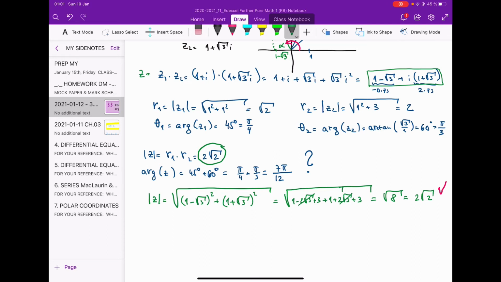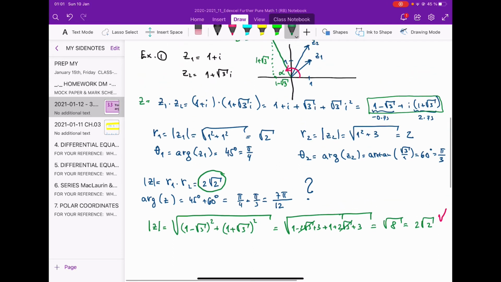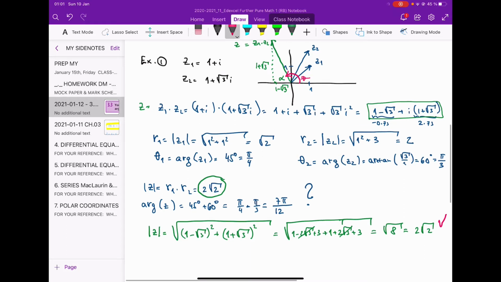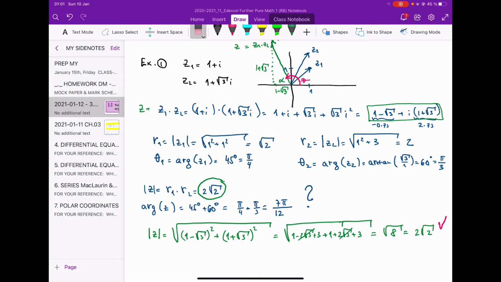So for the argument, if you look at the picture, I'm going to call this pink one theta, and I'm going to find the alpha. So theta, the argument of Z, would be pi minus arctangent.